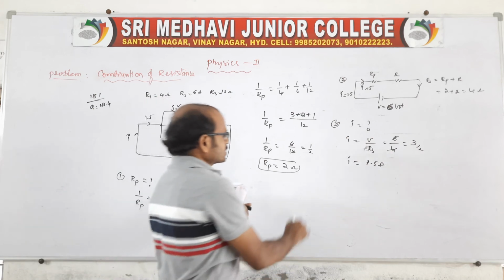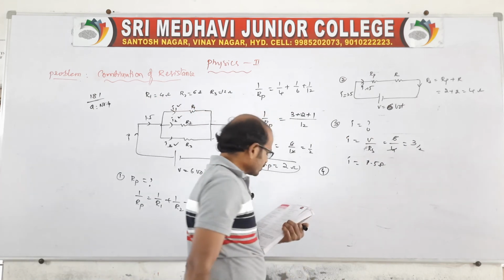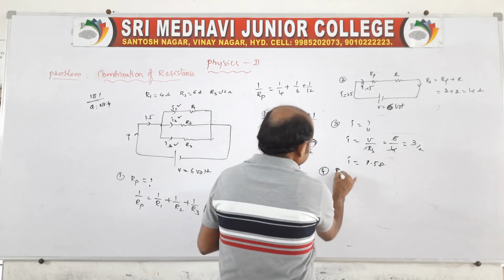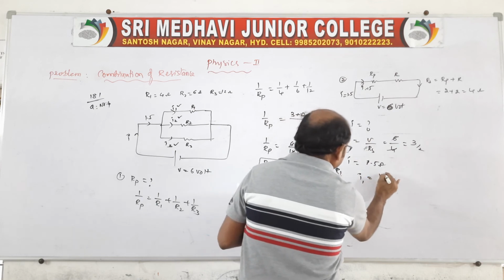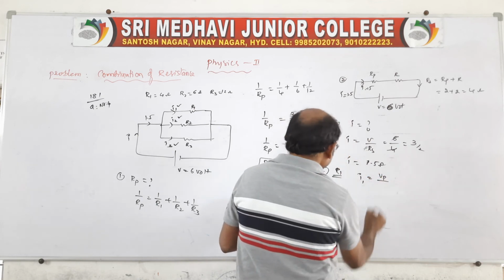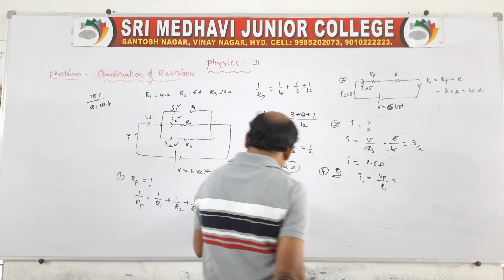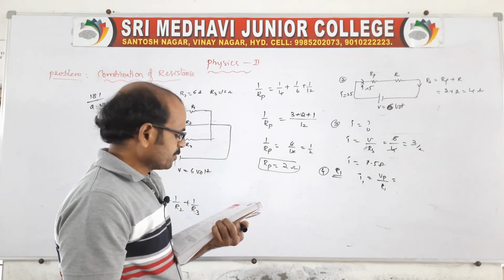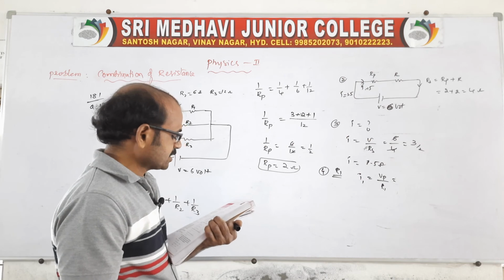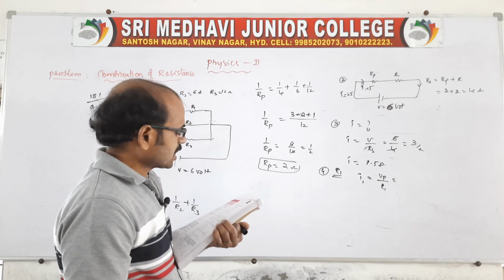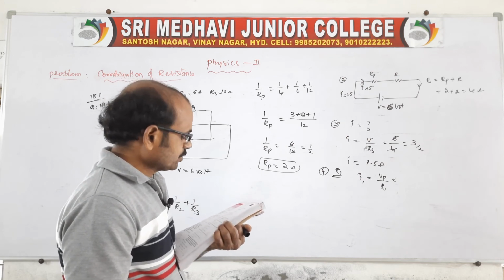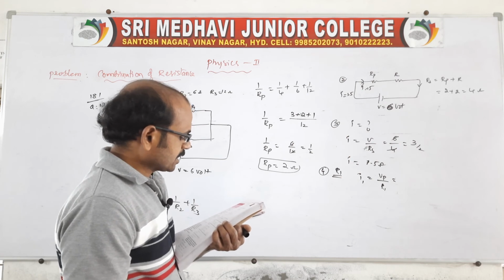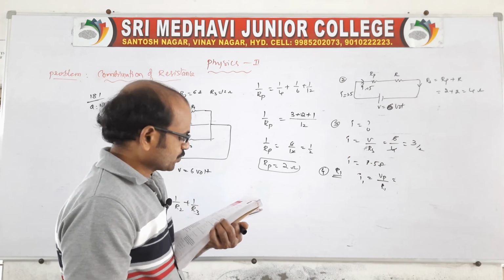So first we need to find the current through the first resistor R1. I1 is equal to Vp by R1. What is Vp? We need to find Vp. R we already know, so the current is 1.5 and the resistance is 2.